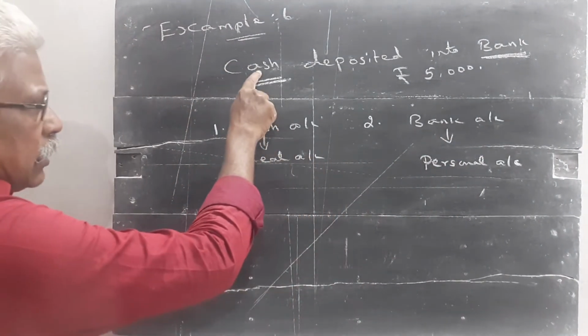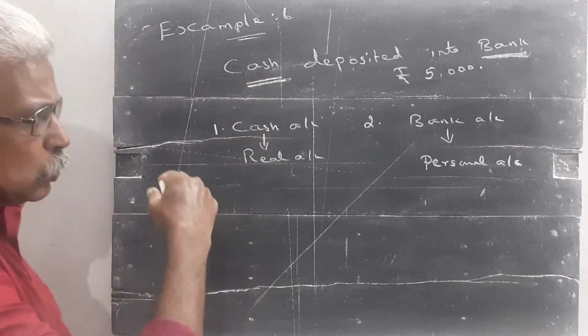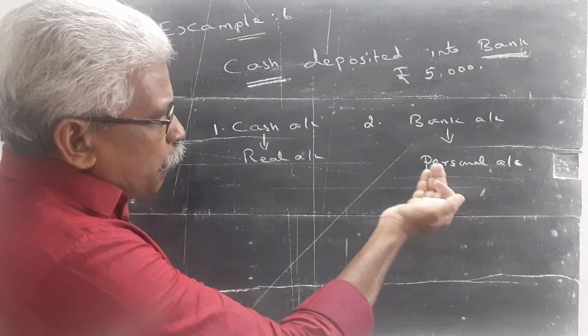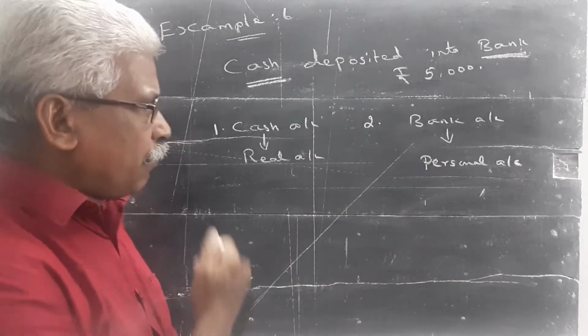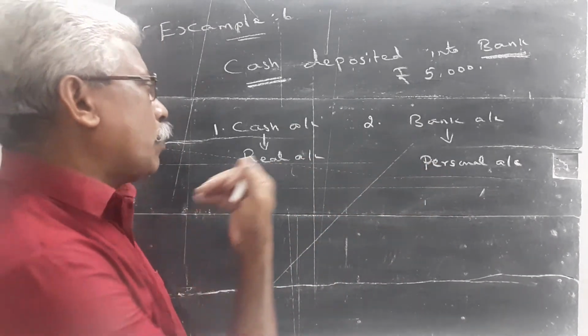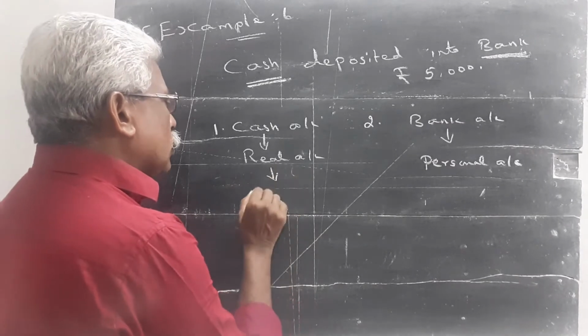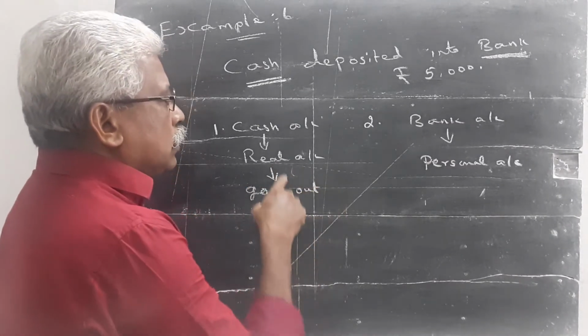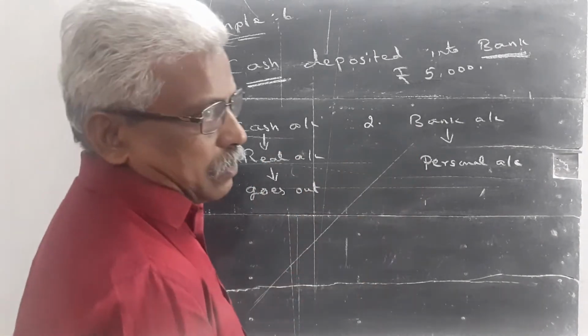Then cash deposited, cash goes out. When we withdraw money from the bank, cash comes into our hand. When we deposit money into the bank, cash goes out. This cash is received by the banker.